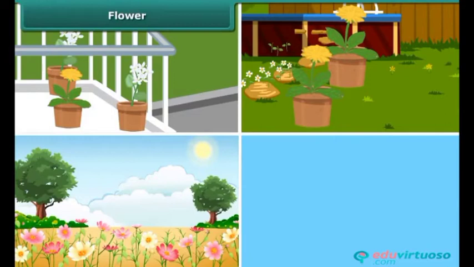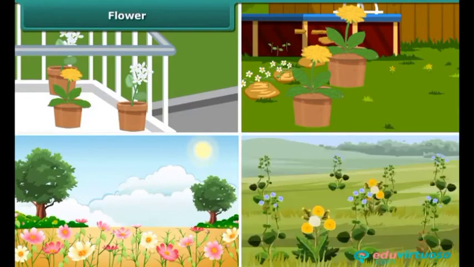Okay, now we can move to the other part of a plant. Which is the other part of the plant? Flower. Okay, we know that a flower is a very beautiful thing that we are likely to see in our garden and all. We always grow many types of flowers.